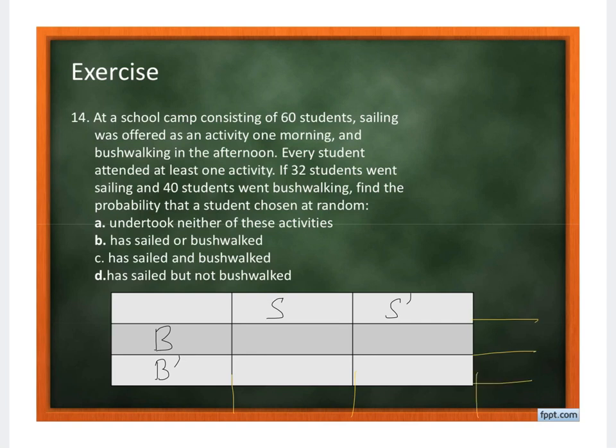The total is 60 students. 32 students went sailing. 40 students went bush walking. Every student attended at least one activity, so no one is not joining, so this one is 0 here.